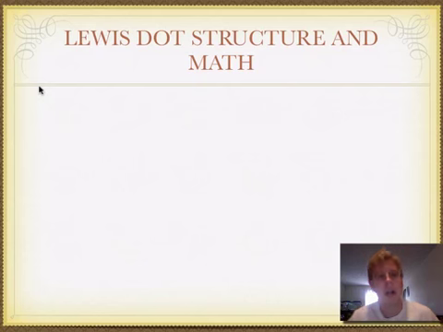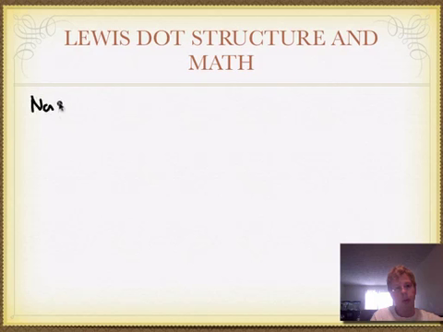To begin with, if we take a look at sodium and chlorine from before, we know that sodium has one valence electron and chlorine has 7 valence electrons.